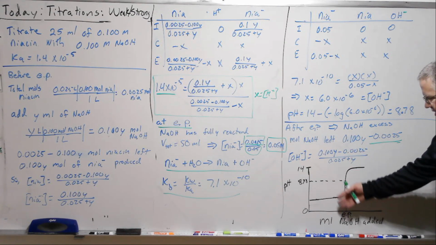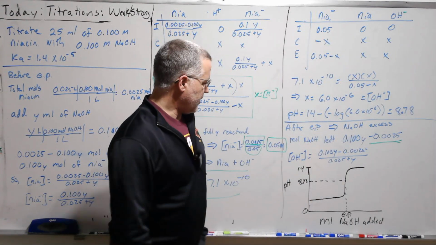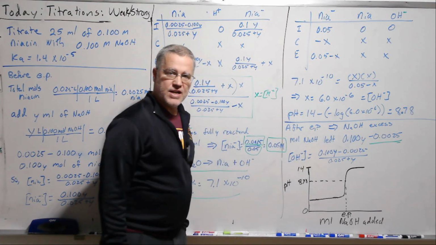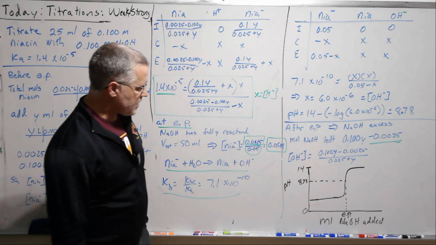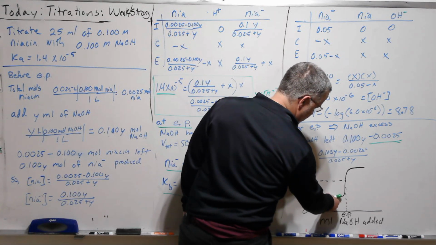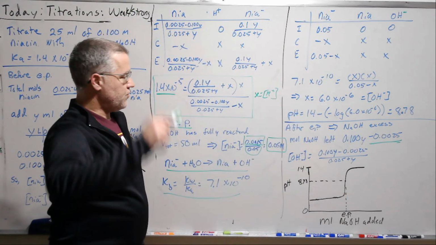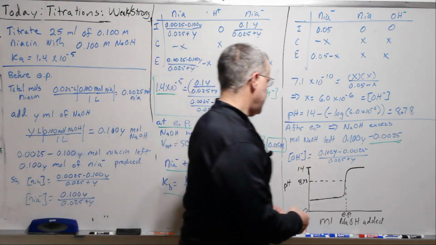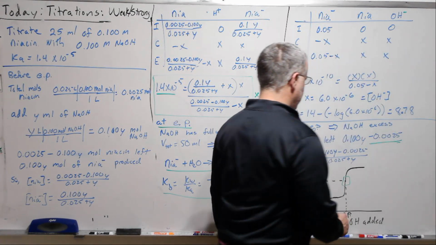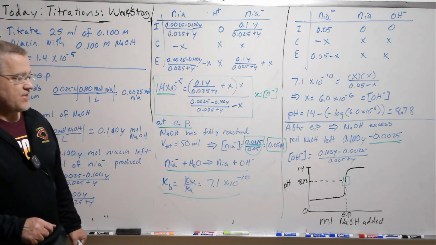All right, let's capture this in the form of a titration curve like we did last time. Very similar, except that we're going to start at a higher pH because we're not a strong acid. And we're going to have a slight slope up until we get close to the equivalence point. And then we'll zip through the equivalence point. And now we've calculated here where our equivalence point is and what the pH at that equivalence point is.